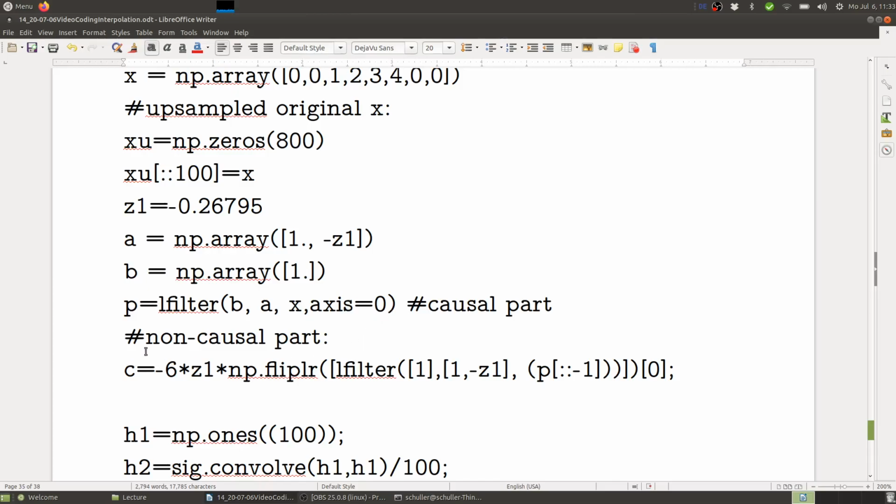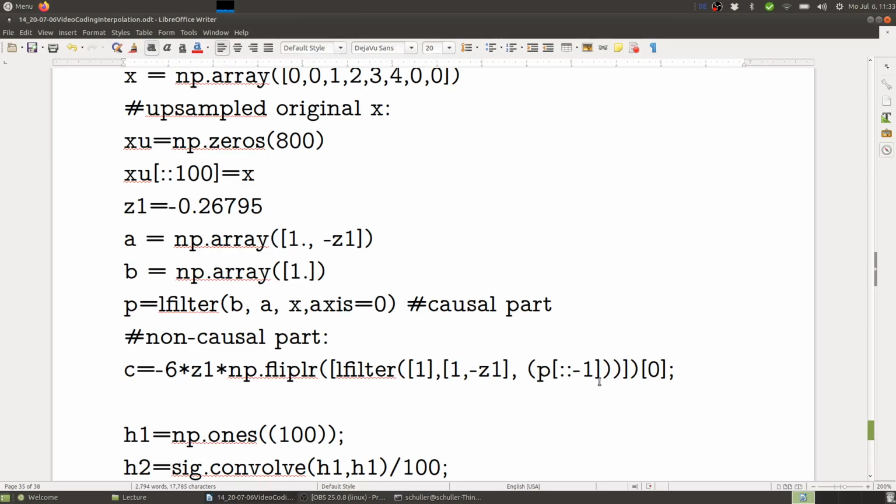So now we make, this was the causal filter part, right? So this produces P, and now we compute the non-causal part, and here you can see we do flipping. So we take the P and apply our lfilter to the flipped P output, right? So this -1 means we flip the sequence. We start at the end and go back down to the beginning.